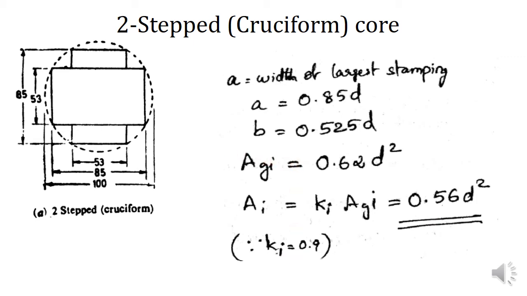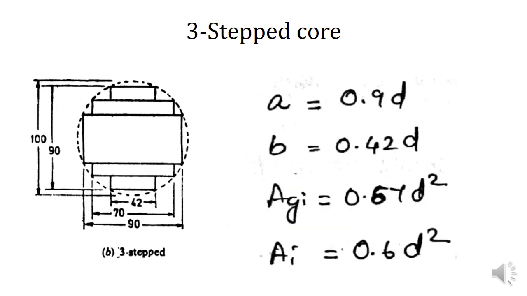Next is three-stepped core. In three-step core, here also this is the width of largest stamping. There are two other smaller stampings too.